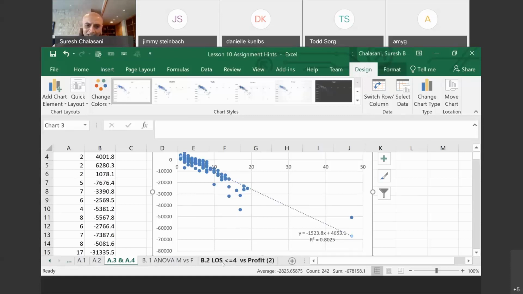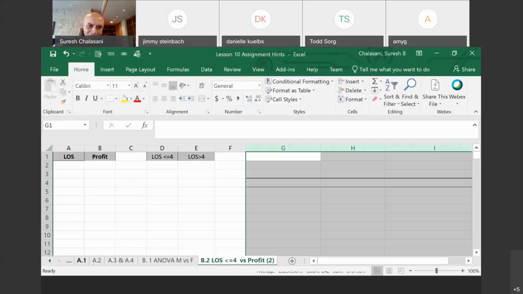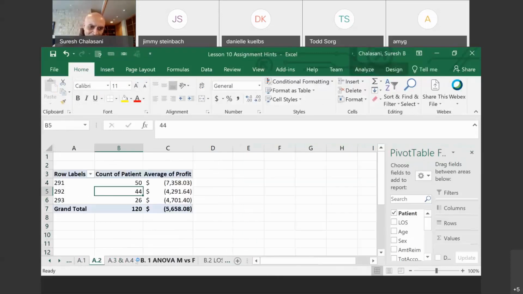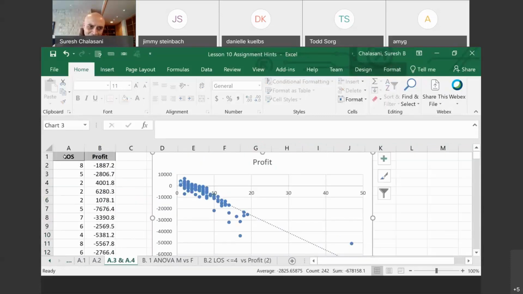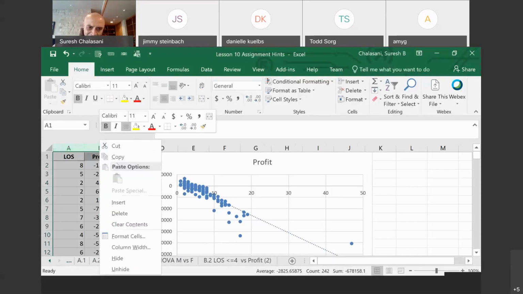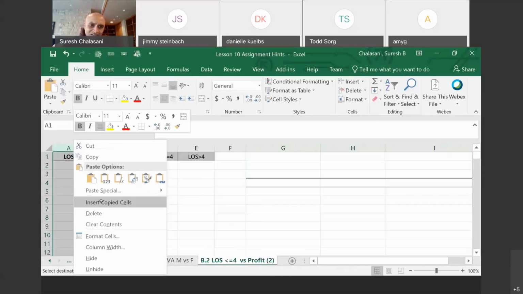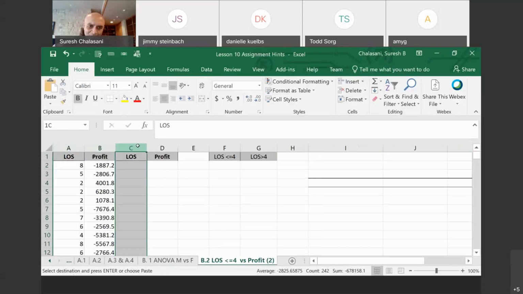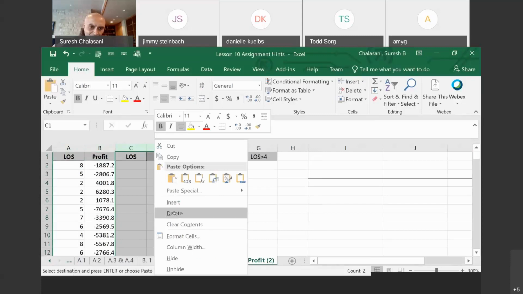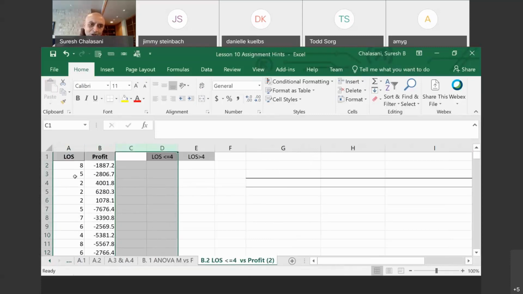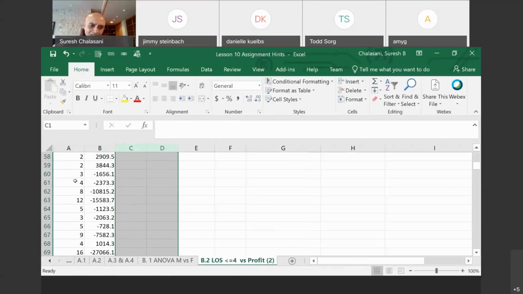For LOS, the simplest thing you could do is just copy these two columns, and in B2 you can insert these copied cells, and now I'm going to delete these two things. So I have the LOS in one column and profit in another column.